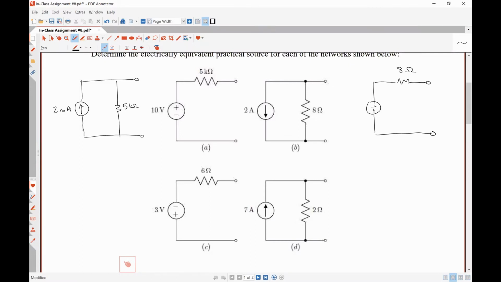16 volts. Does it matter at all that I put my 8 ohm resistor here connected to the negative polarity terminal, or if I put it over here where it was connected to the positive polarity terminal?